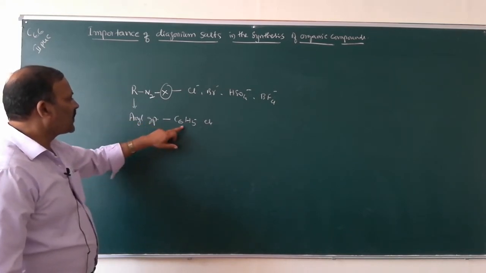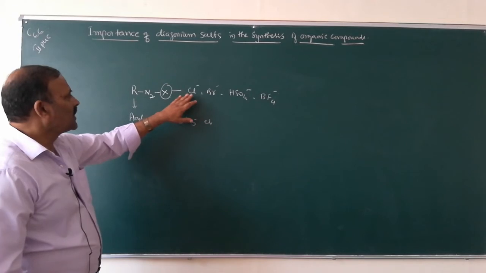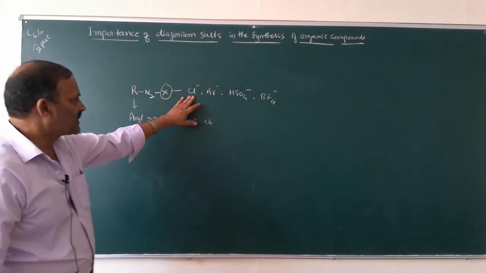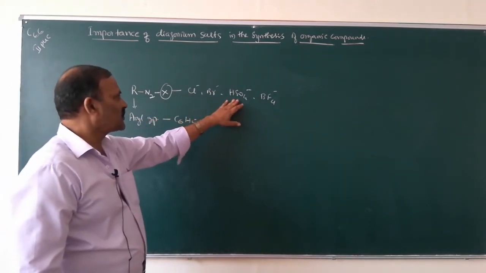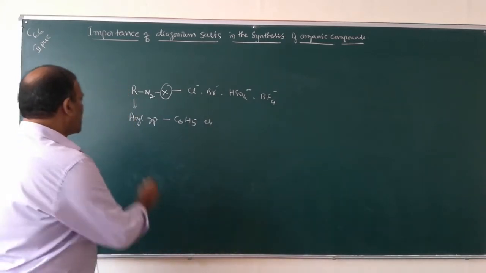Aryl group means phenyl group, and X may be halogens like Cl minus, Br minus, HSO4 minus, BF4 etc.